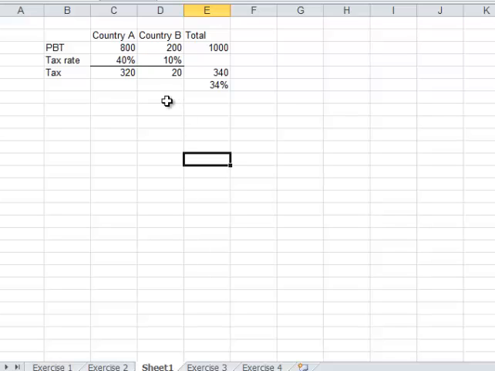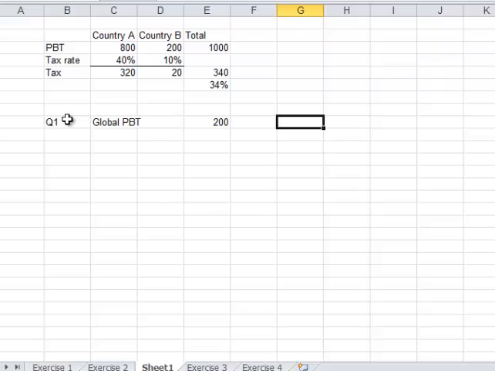I had two jurisdictions, it's kind of a blended rate, there's a bunch of things going on, and in Q1, let's say that I had global PBT of 200 bucks. Okay?